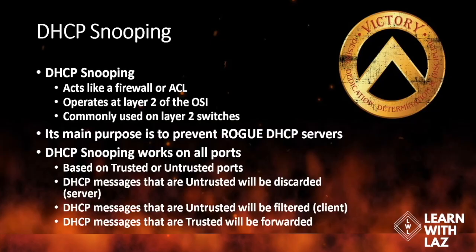So it's looking at it. On the last bullet, it is based on trusted and untrusted ports, okay? And this operates at layer 2 of the OSI. So commonly, we use layer 2 switches. You could use layer 3 switches.